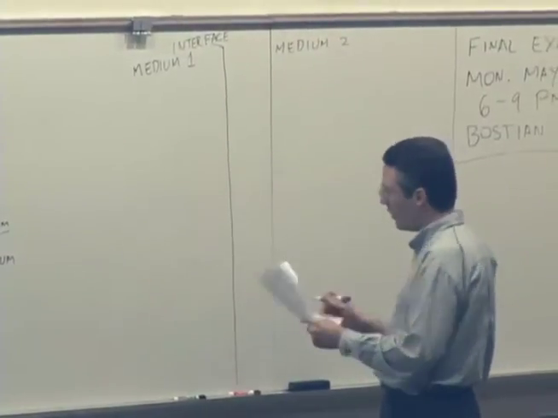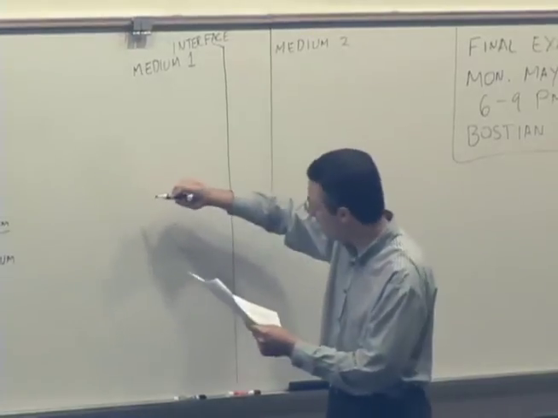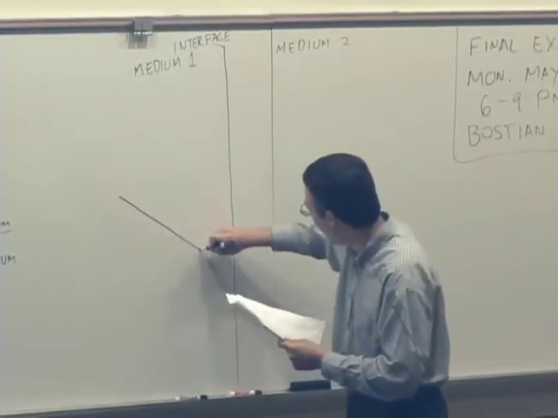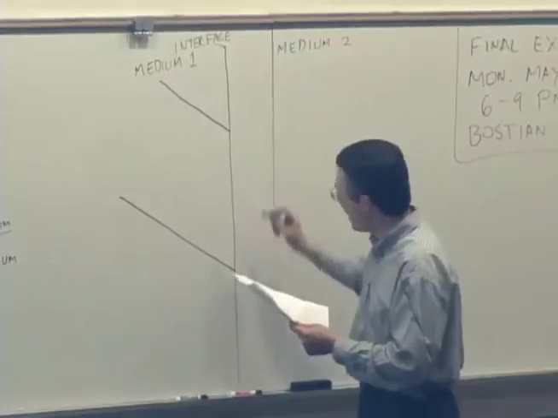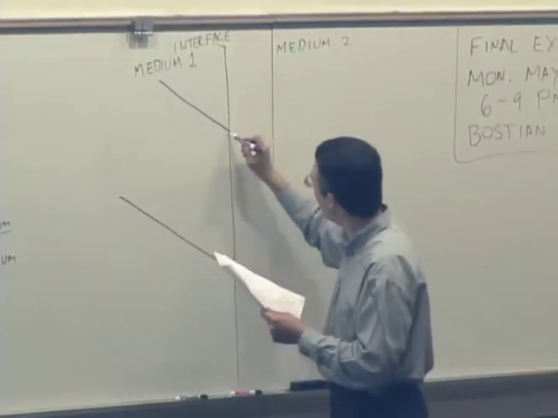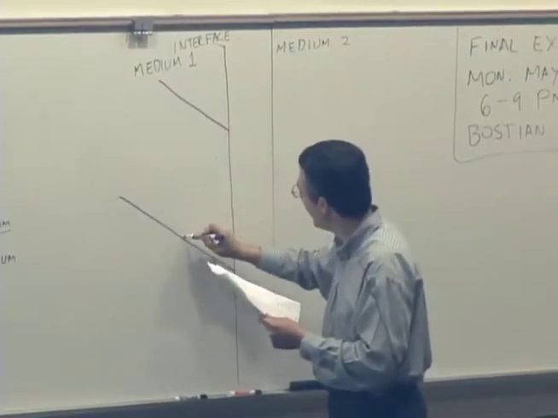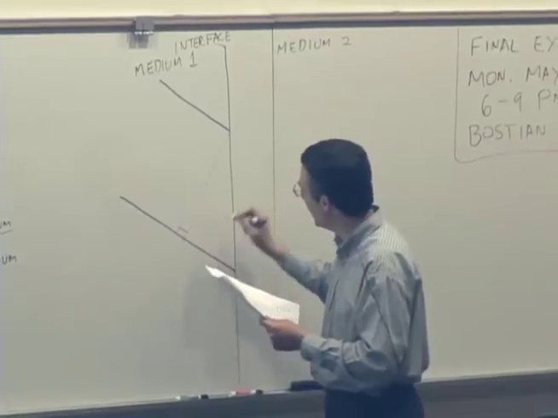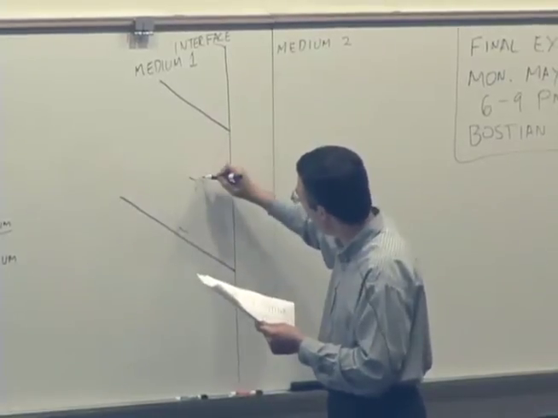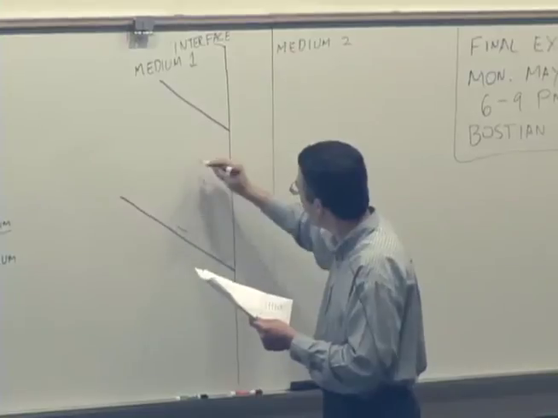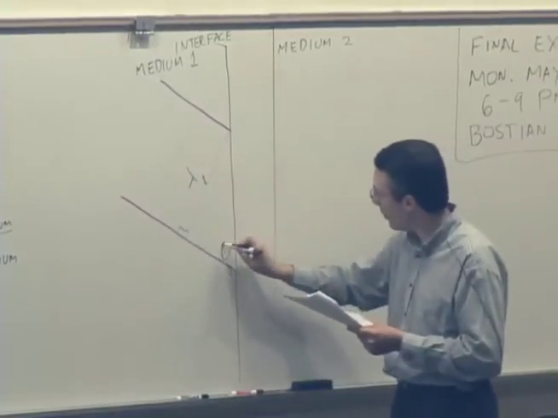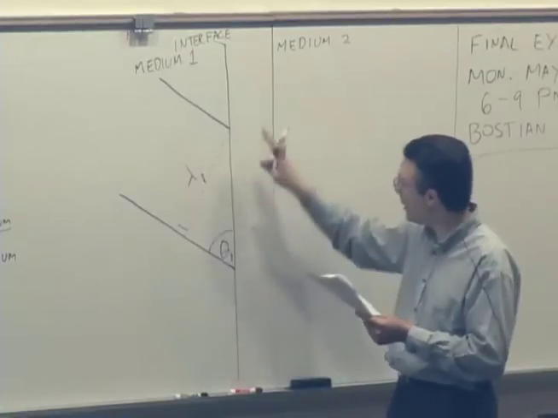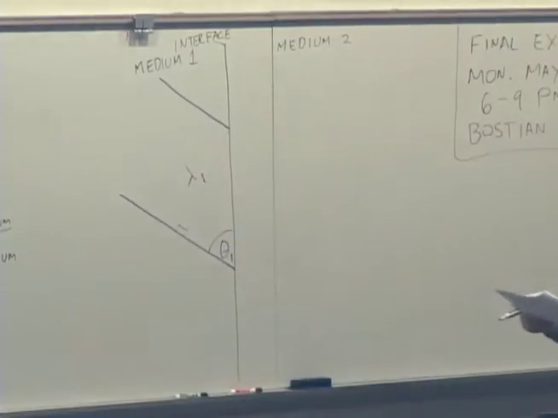So here, in the first medium, we have a wavefront, and then another wavefront, and this perpendicular distance between the two wavefronts is the wavelength. So this is lambda 1. We'll call this angle theta 1 between the surface and the wavefront.